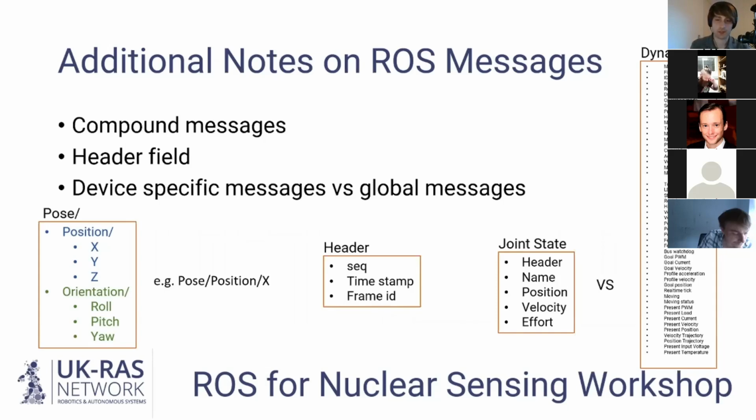The header field is really common. We'll probably want that in a ROS message. As well as giving the timestamp, it also gives you the location relative to another part of the robot. I said earlier that you might have a radiation sensor mounted to the nose of the robot, maybe looking for contamination on the floor.